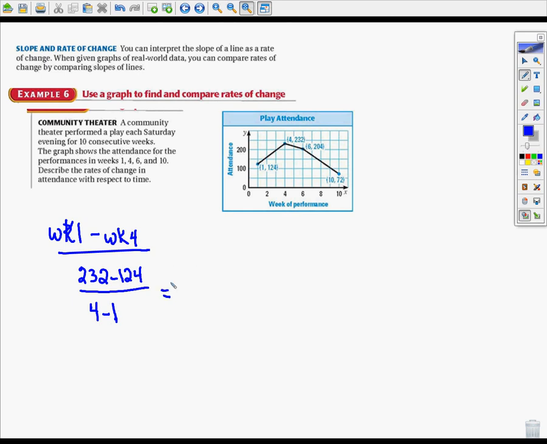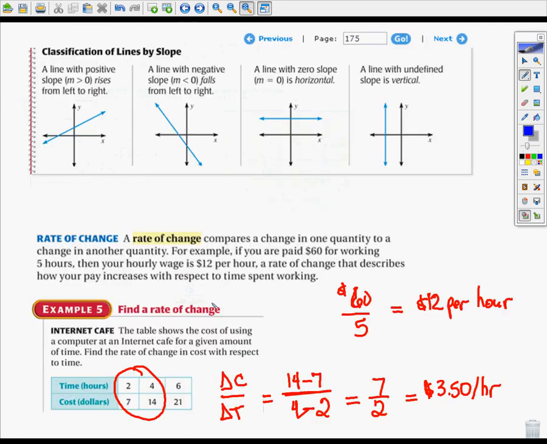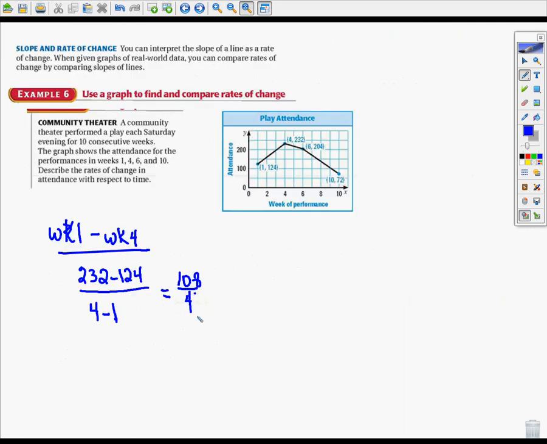So when we do this, 232 minus 124 is 108 divided by 4 is 27. So that's 27 people per week.